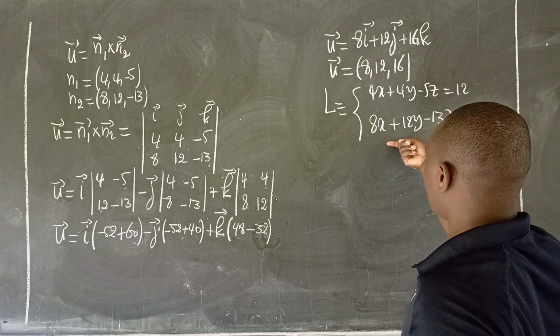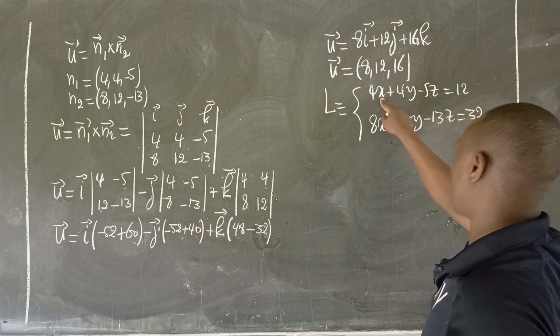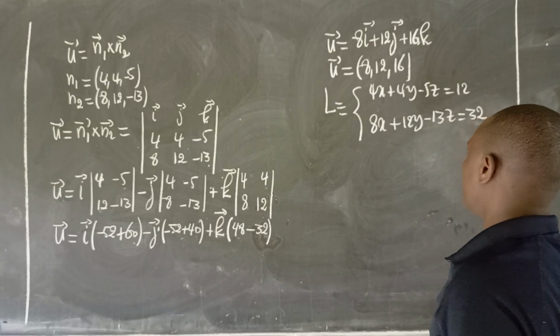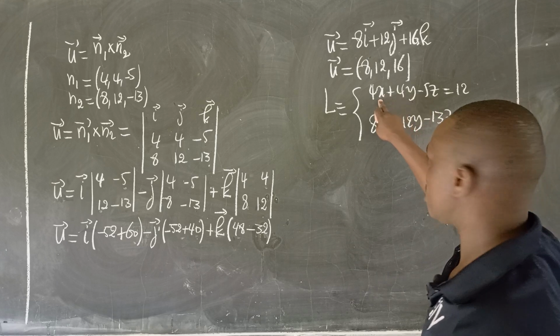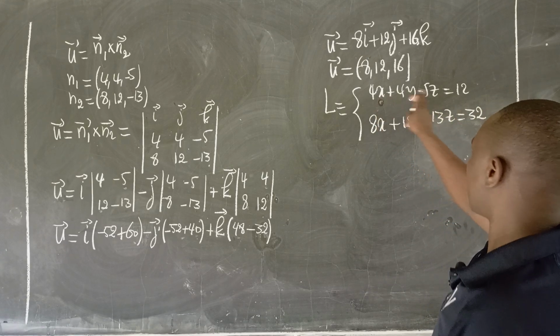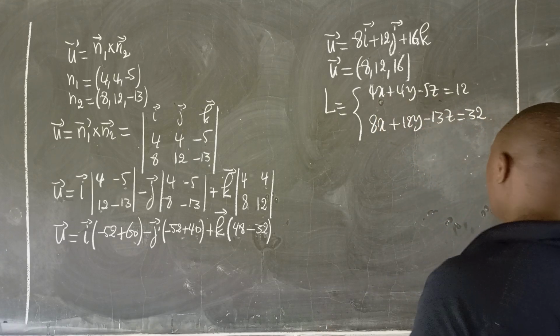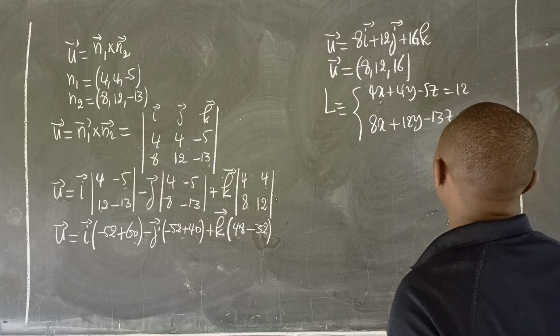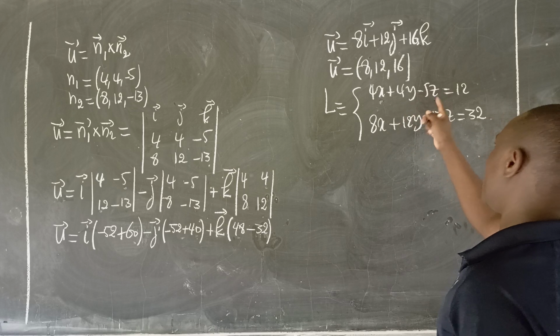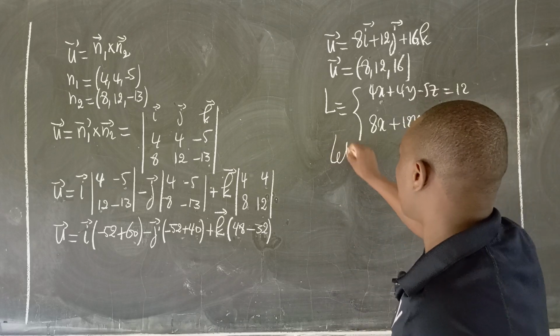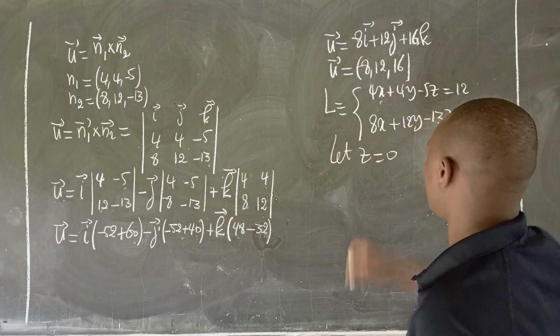To find that, we can let x be 0 and solve the system involving y and z, or let y be 0 and solve the system with x and z as independent variables, or we can let z be 0. Let z be 0 here.